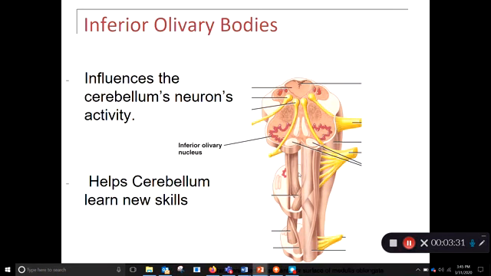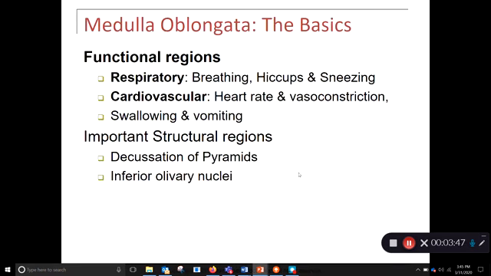Also, you have something called the inferior olivary bodies as a part of it. This is what has been described as the place that helps the cerebellum learn new skills or helps coordinate and all that good stuff. Inside this medulla oblongata, it has varying types of regions.